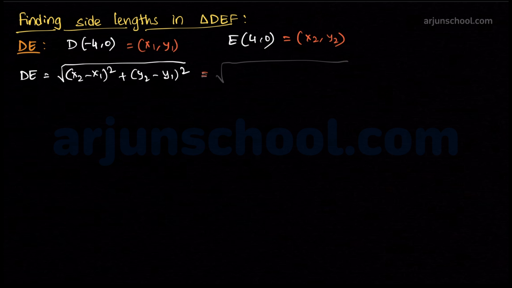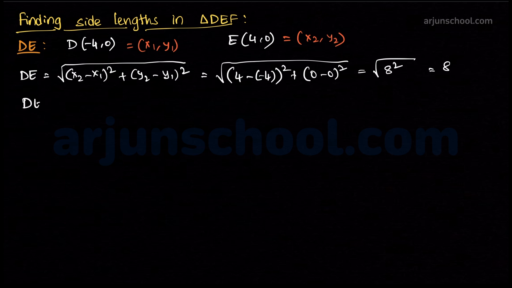Root over (4 minus of minus 4) whole square plus (0 minus 0) whole square. That is equal to root over 8 square plus the second term, which is 0. Root over 8 square equal to 8. Therefore, length of the side DE is 8 units.